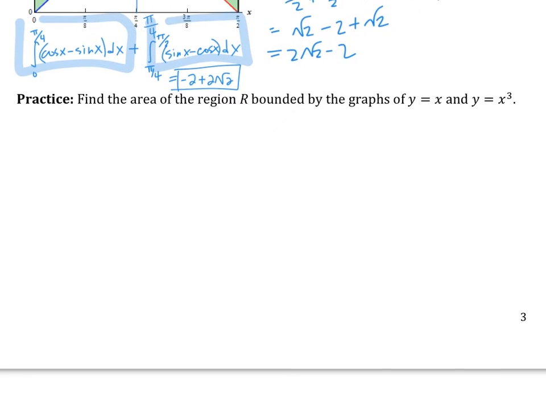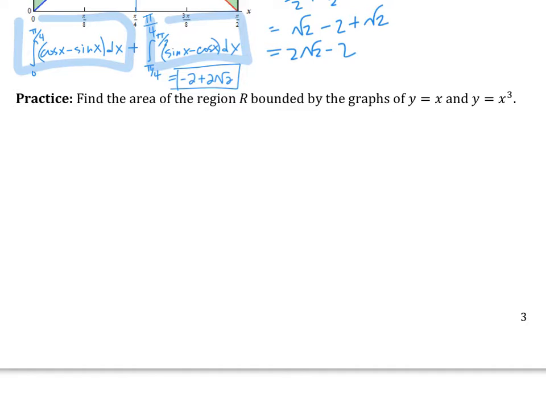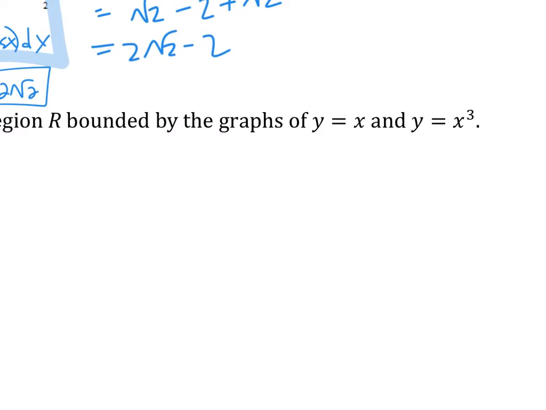Find the area of the region bounded by y equals x and y equals x cubed. Okay, this time no graph. You're not going to use your calculator to figure out how this looks. You're going to draw based on what you think. Remember, parent functions. Two curves, x and x cubed.